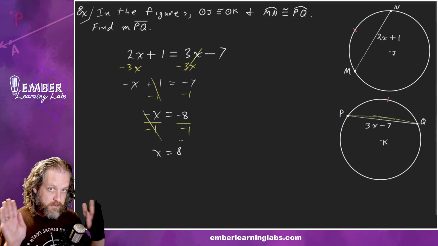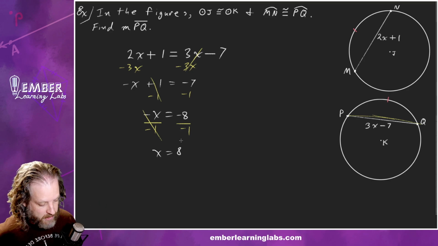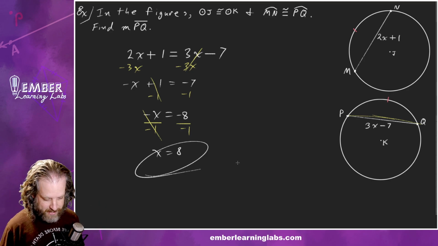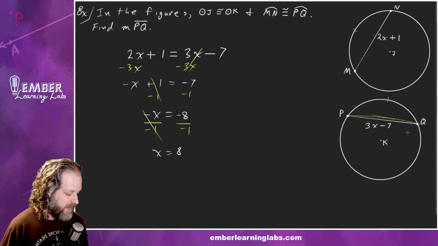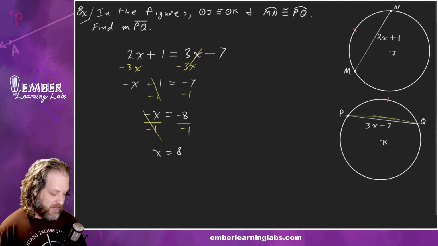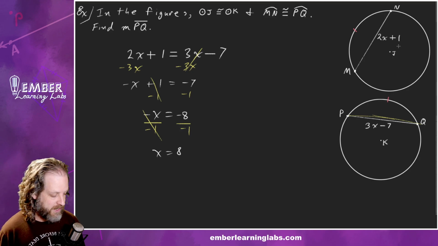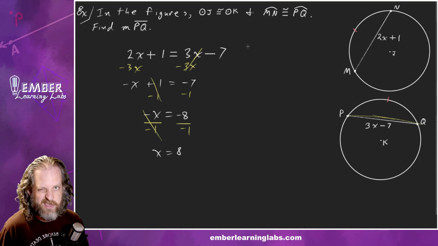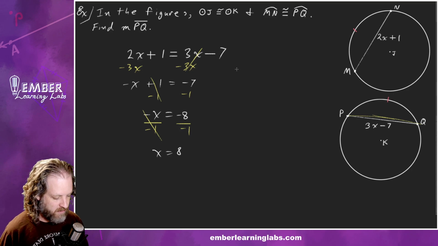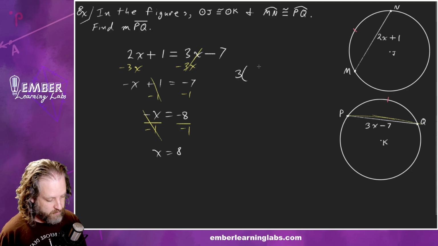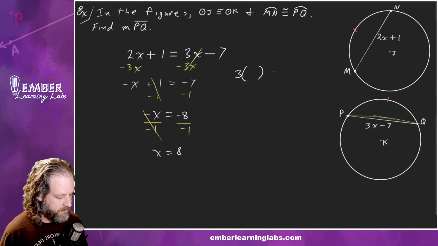Now we need to stop. Wait a minute. Are we done? Do we circle this? No, we're not done, because we're looking for PQ, right? So PQ is right here. You could technically plug this into either expression because they're congruent, but we're going to plug it into the PQ one. So we're going to put an 8 in for x right there.